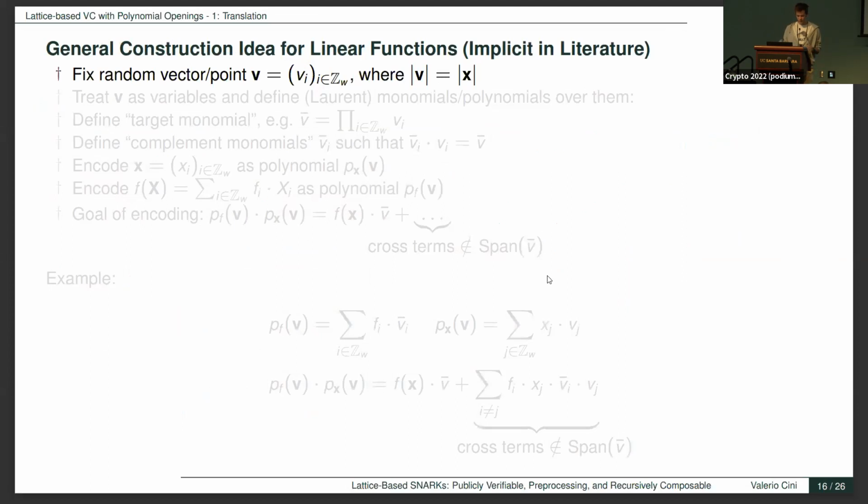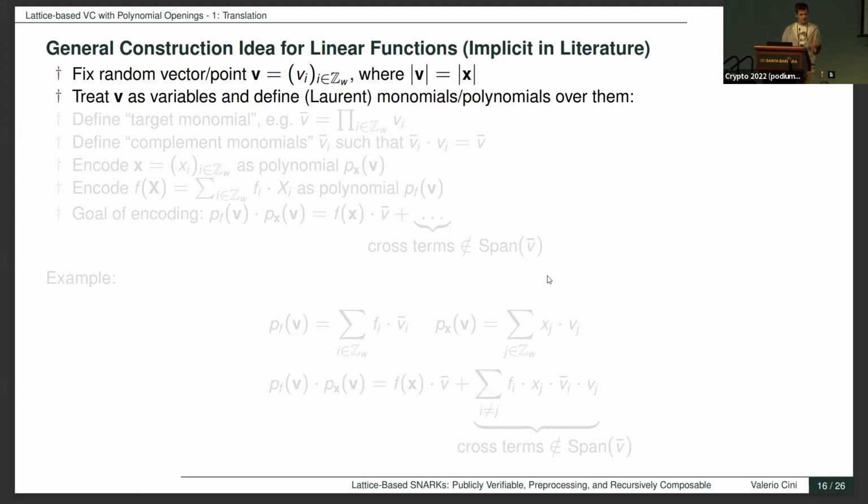Okay, so the blueprint for constructing vector commitments for linear functions, which is implicit in the literature, is the following. We will fix some vector V whose length is the same as the length of the vector that we want to commit to. Then we will think of the entries of V as formal variables, and we will define polynomials and monomials over these variables.